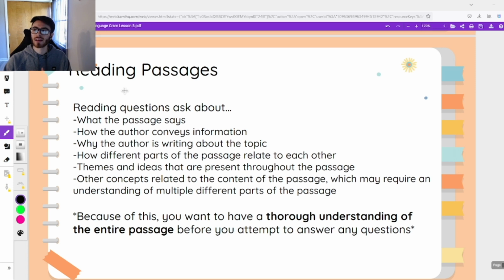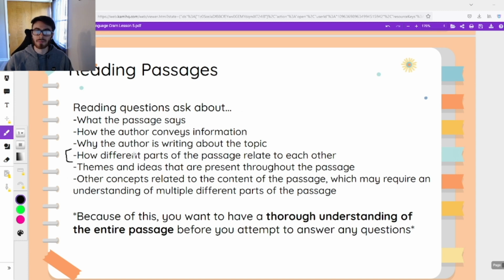In order to answer some of the questions, you may need to have an understanding of multiple different parts of the passage. For example, questions that ask about how different parts of the passage relate to each other. There are also questions that relate to the entire passage. It might say, throughout the entire passage, how does the author characterize this thing?